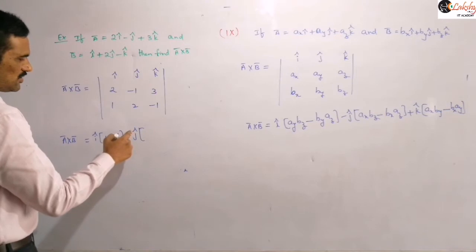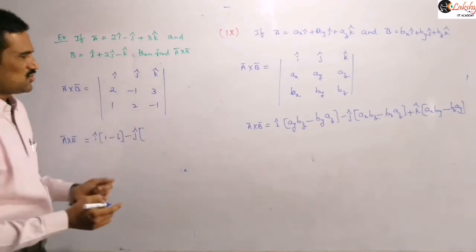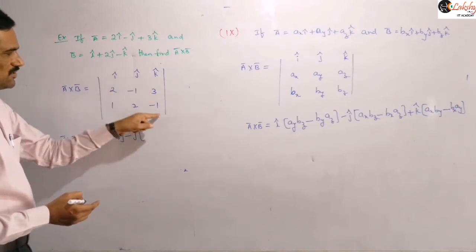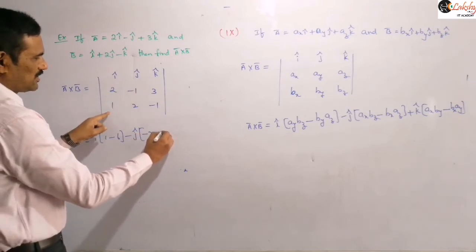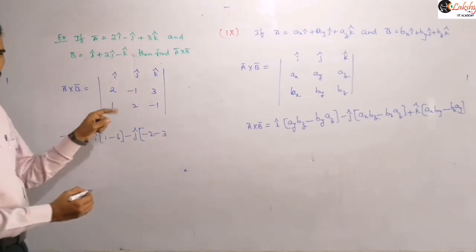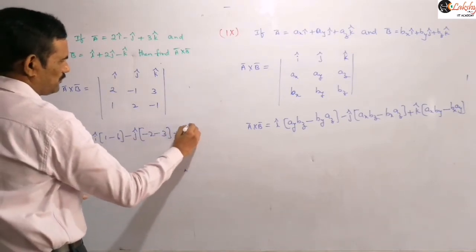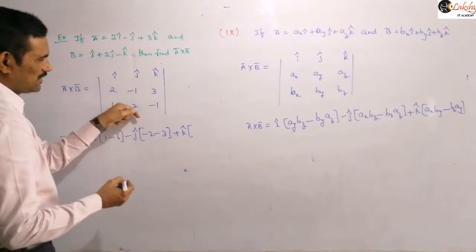So this we always need to write initially with a negative sign; finally it may be positive or negative, that depends on those numericals. Now we need to neglect this column and this row, and multiply these two. So minus 2, and this minus we need to write here, minus 1, minus 3, 1 into 3 means. So plus k cap into, now we need to neglect this column, these four will be there, so first we need to multiply this down.